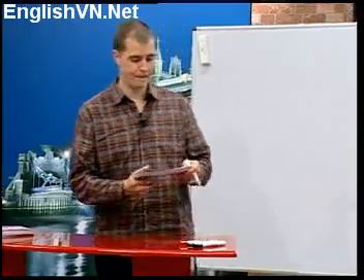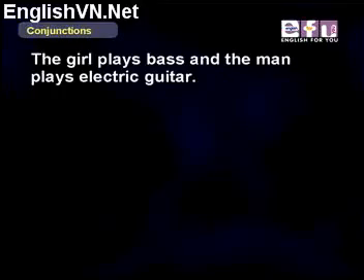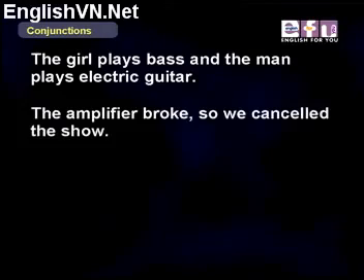Okay, now let's review conjunctions. The girl plays bass and the man plays electric guitar. The second sentence, the amplifier broke, so we cancelled the show.